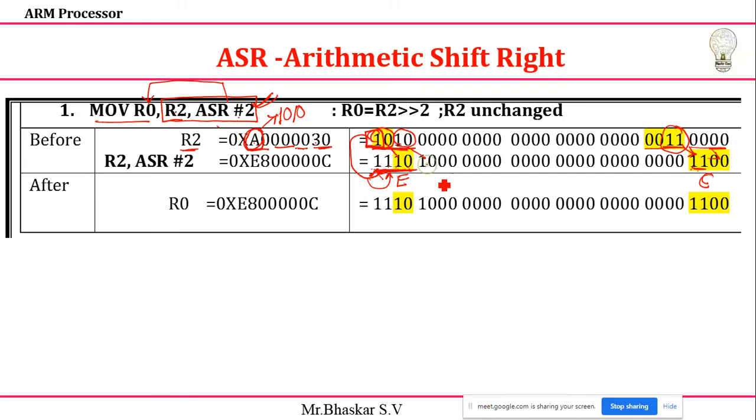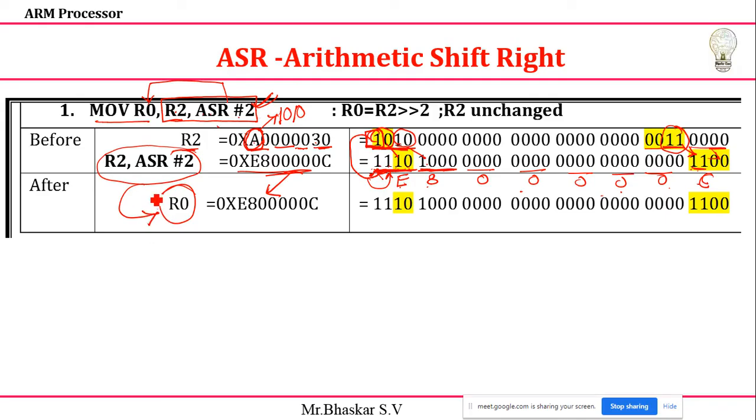Be careful, you can't simply leave it out. 100, what is the 100 value? 8. This is 0, this is 0, this is 0, this is 0, this is 0. You can see 0xE800000C. This is my result. This result only will be stored in my R0. So after arithmetic shift right of two positions, the result we are storing in my R0.